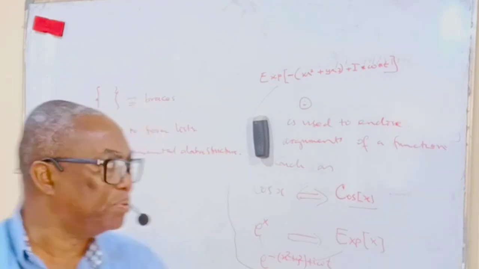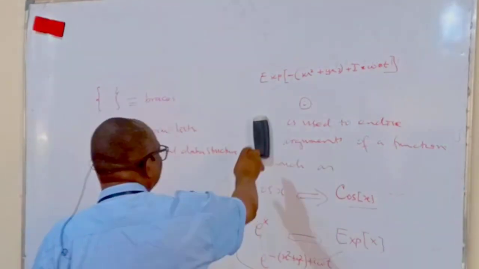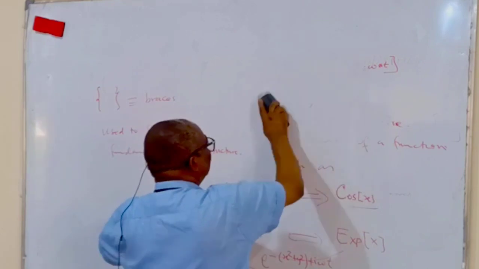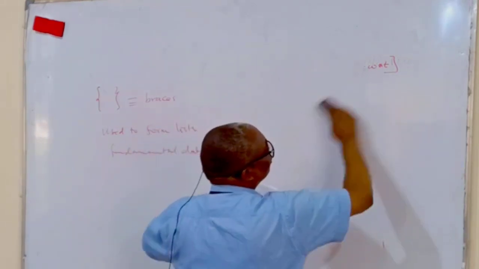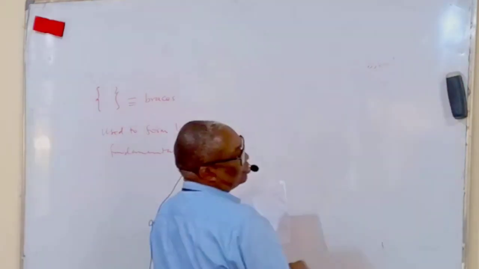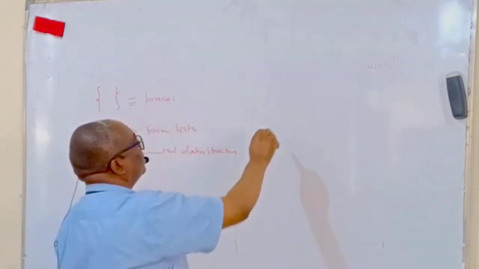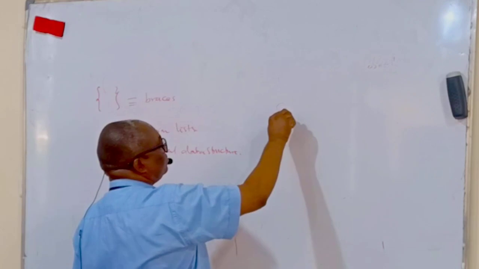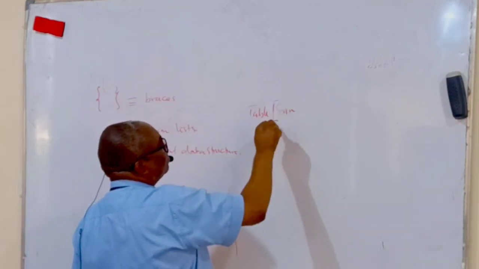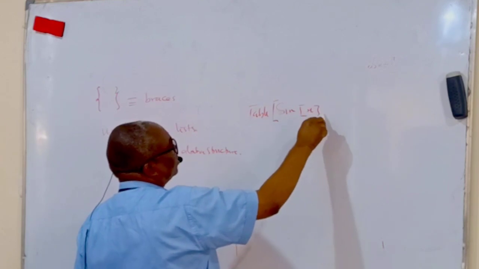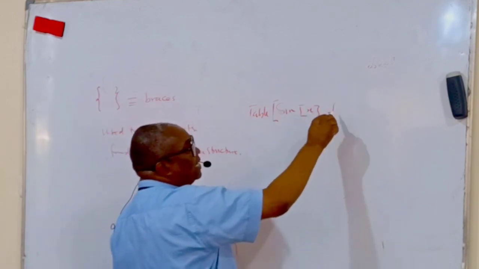For example, assuming I want to compute sine, I want to table sine of x. From which values? I need this.